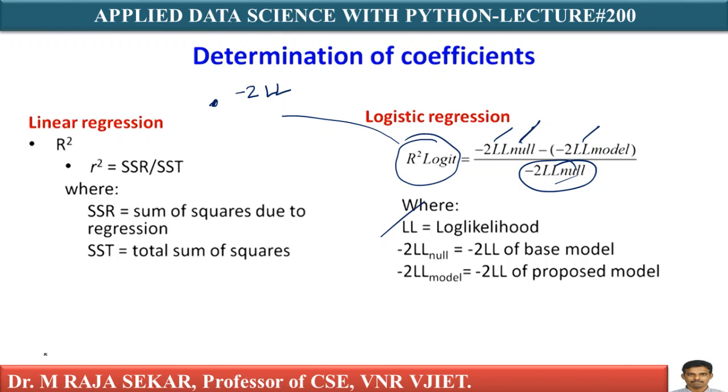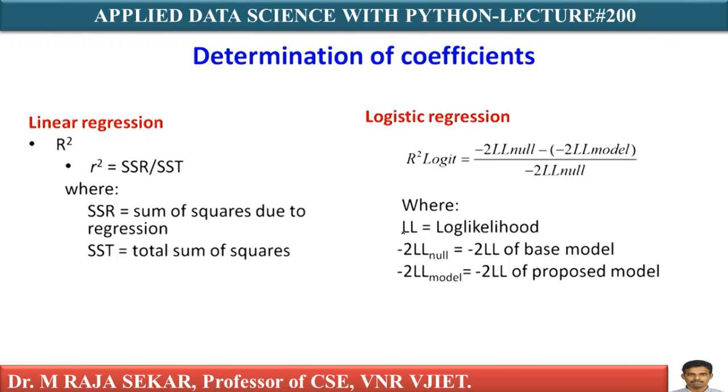What does LL mean? Log likelihood. Minus 2 LL null means it is the base model. Minus 2 LL model means it is the proposed model. Base model means without any independent variable, isn't it?